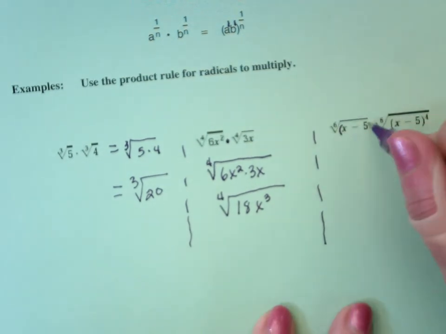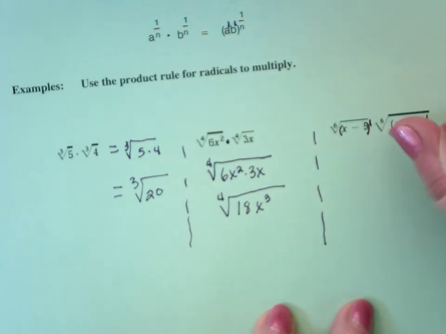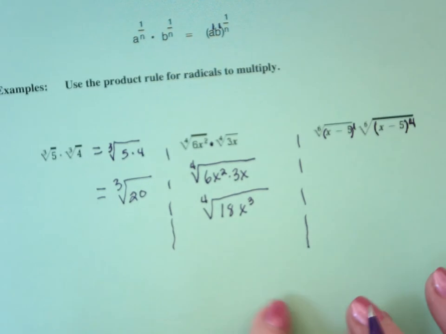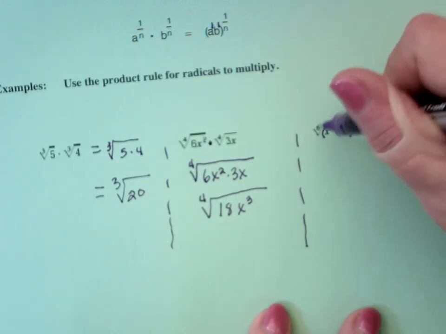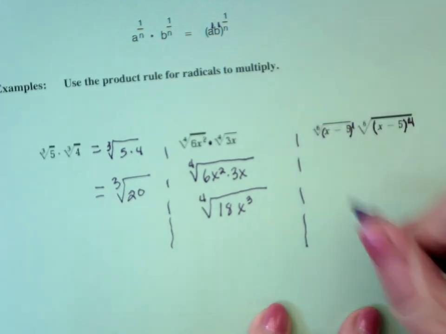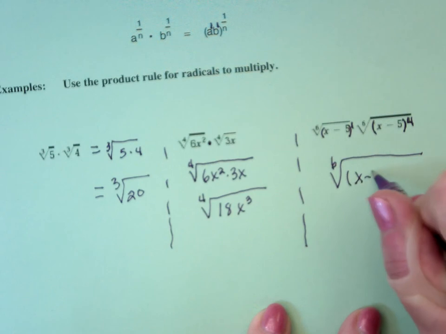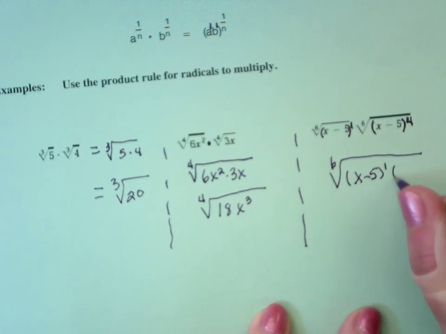Here's a blob, which is an x minus 5 to the 1. There is an x minus 5 to the 4. Set of parentheses. I don't care what's in the parentheses. Don't care. I just care that they're the same. Under a radical with the same index, this becomes the 6th root of x minus 5 to the 1 times x minus 5 to the 4.